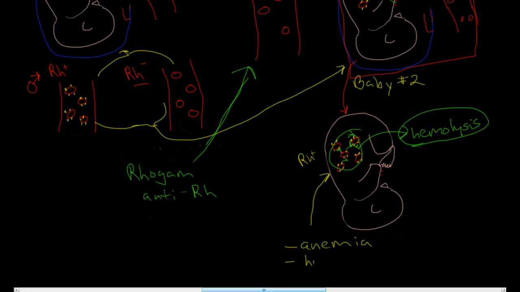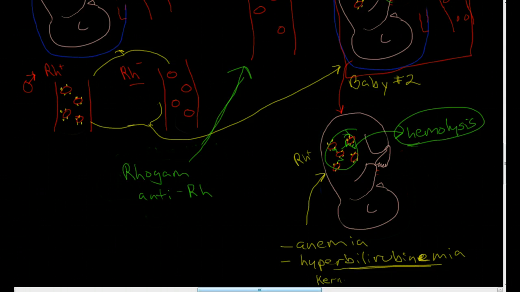You're going to end up with hyperbilirubinemia, because remember, bilirubin is a breakdown product of red blood cells, and patients will also have icterus and kernicterus. And icterus is just a term for visible jaundice, and kernicterus is a term for the long-term sequelae of hyperbilirubinemia, which I think most significantly are neurological deficits.